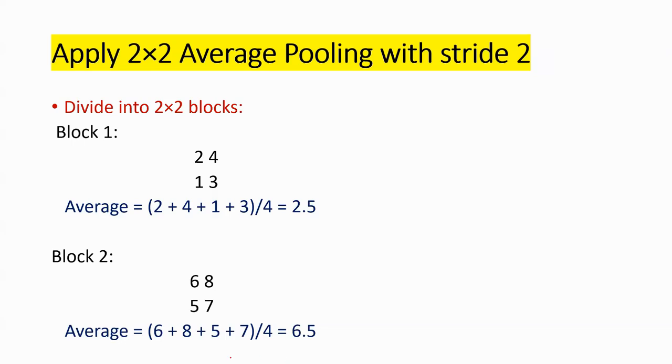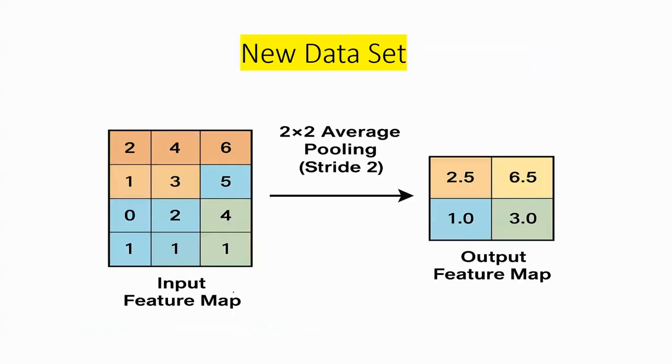The total of the values divided by the number of values equals the average. Here we find the average of the first block is 2.5, and so on. We calculate block 2, block 3, and block 4 by the same method. Finally, we get the output feature map as a 2 by 2 matrix. It is the average pooling.